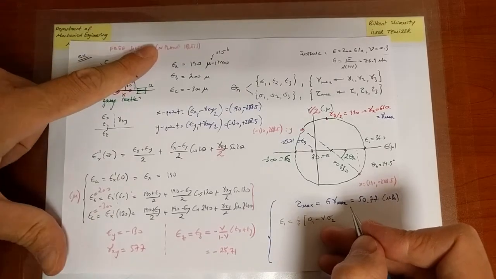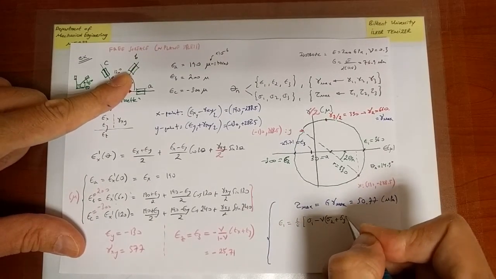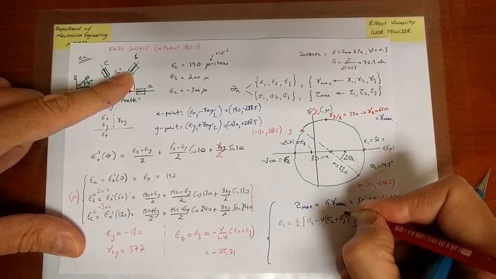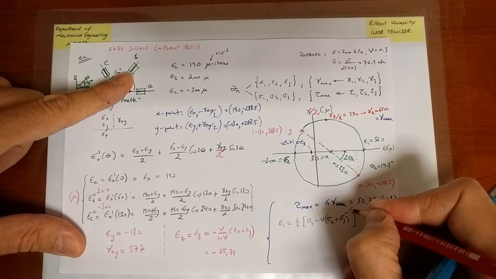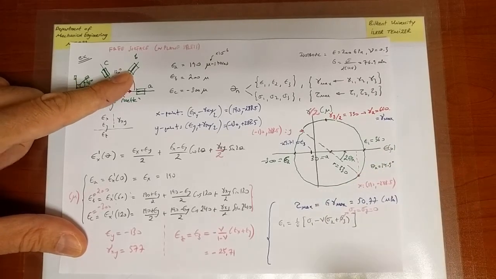But it's a state of plane stress, and therefore I will also remember that sigma 3 is actually equal to sigma z equals 0, because it's a state of plane stress.